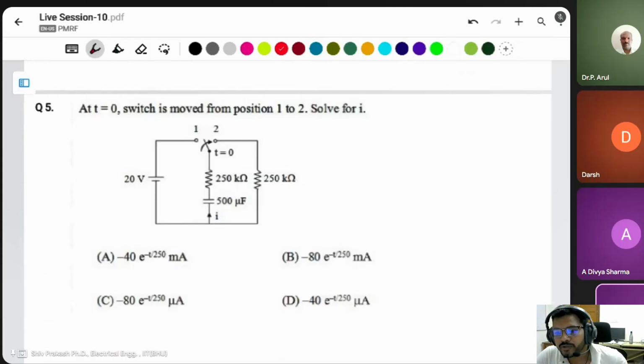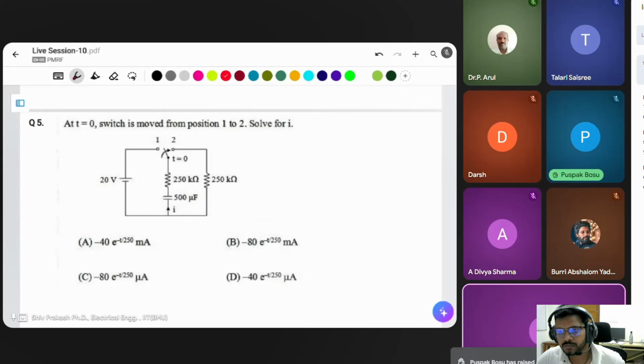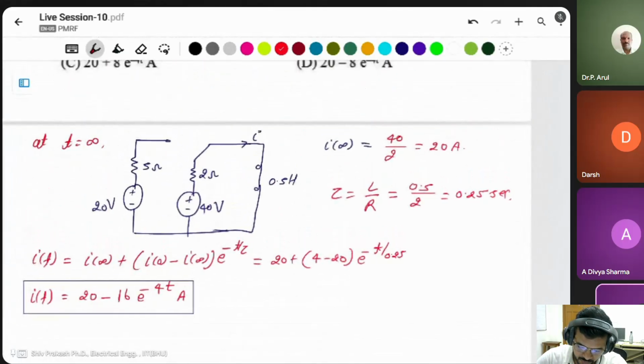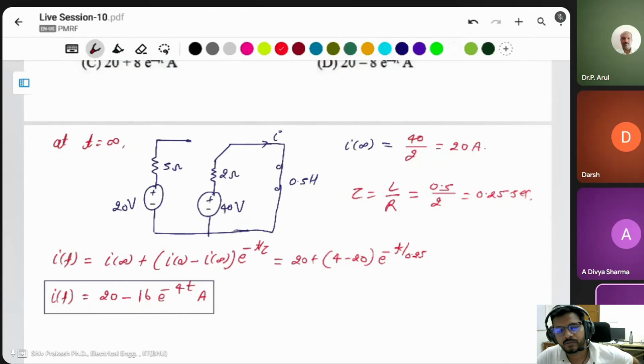Pushpak. Yeah, what is your doubt? Okay, in this question simply you have to find the current at initial point and final point, then use the formula.